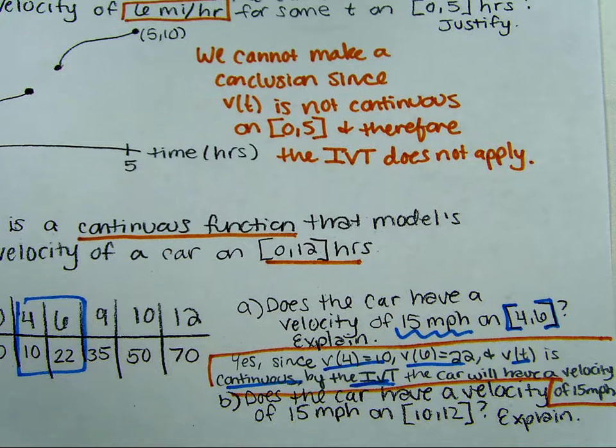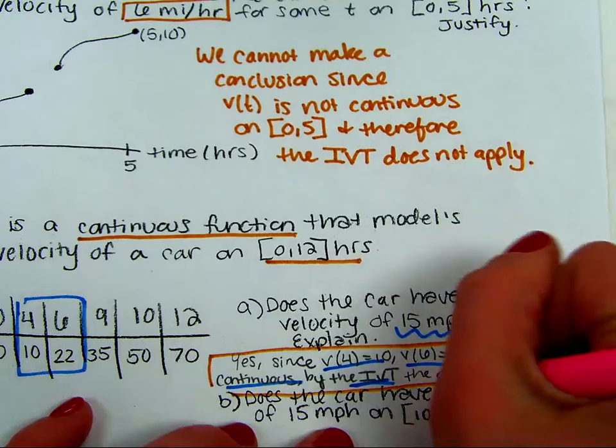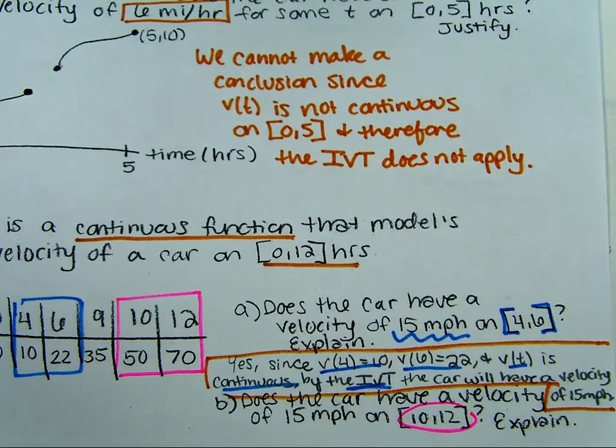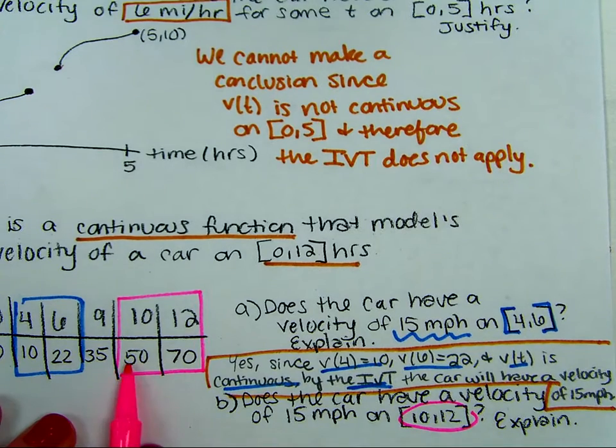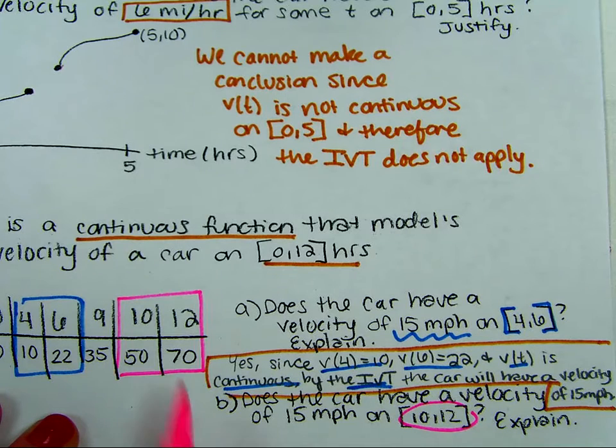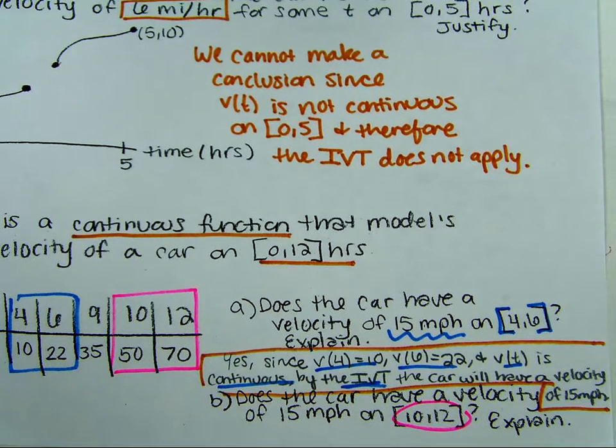All right, the last one. Does the car have a velocity of 15 miles per hour on 10 to 12? So let's look at our interval 10 to 12. That's right here. If you look at 10, it has a velocity of 50. At 12, it has a velocity of 70. It's going to hit every velocity from 50 to 70 since it's a continuous function. It could possibly hit other velocities, but we don't know for sure.